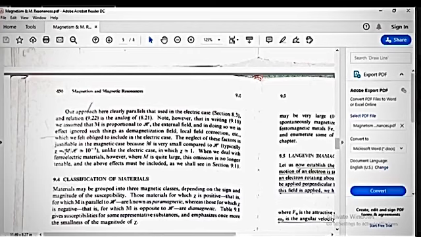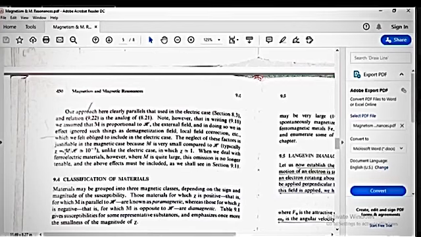Those materials for which chi is positive, that is, for which m is parallel to h, are known as paramagnetic substances or solids, whereas those for which chi is negative, that is, for which magnetization is opposite to h, will be called diamagnetic.